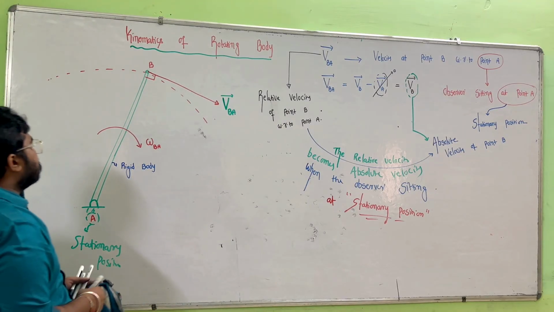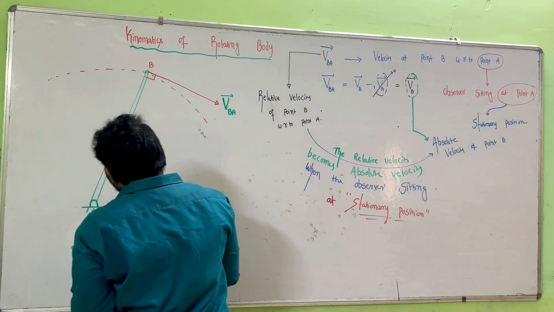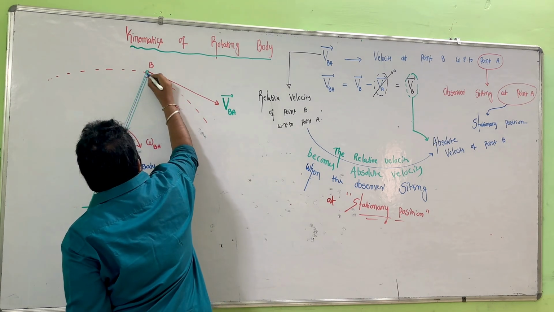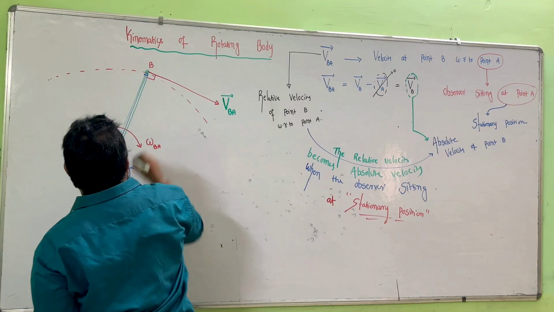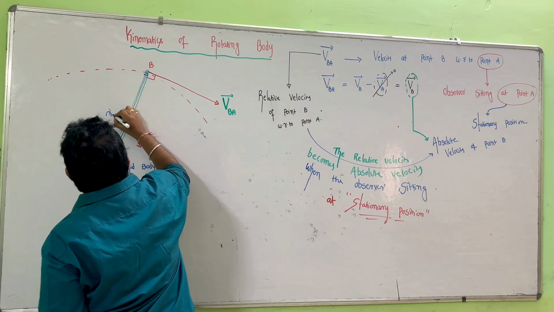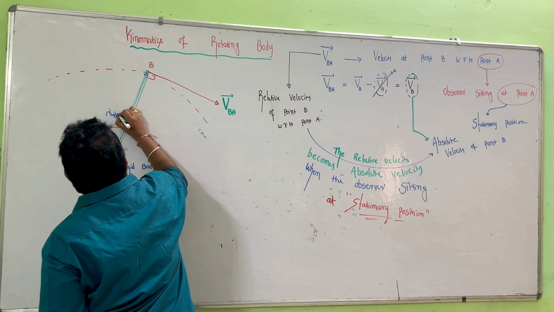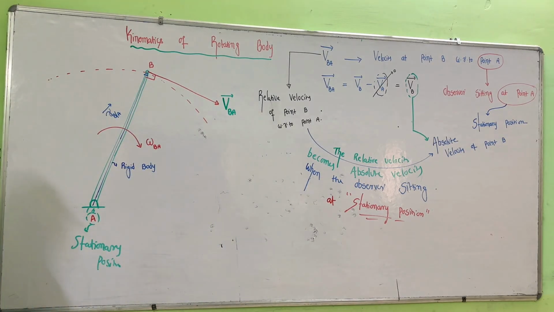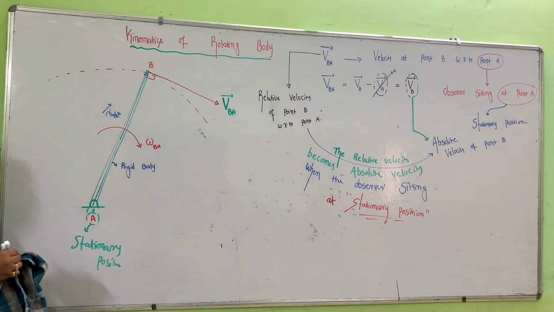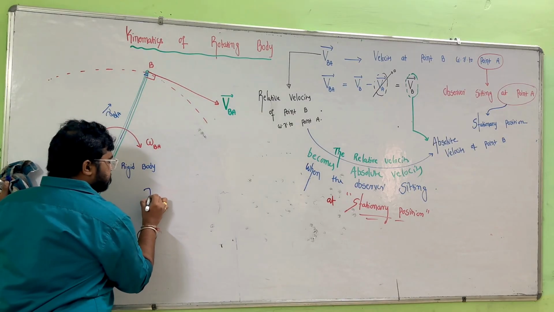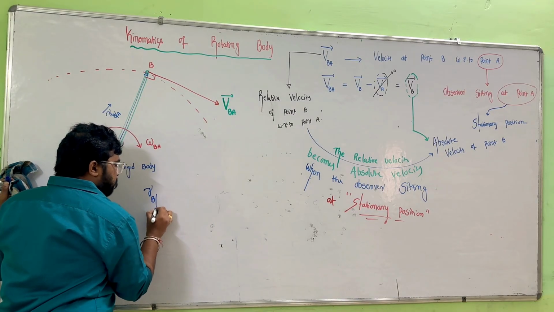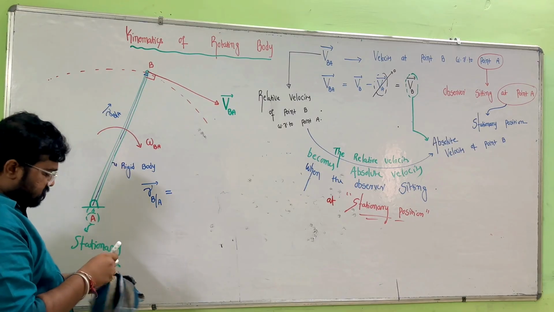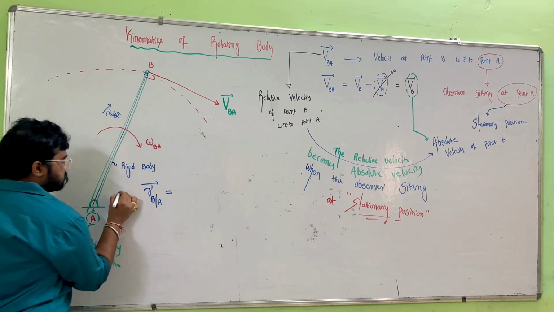Now tell me, what is the position vector? How to take the position vector? Position of point B with respect to point A. How to read this?